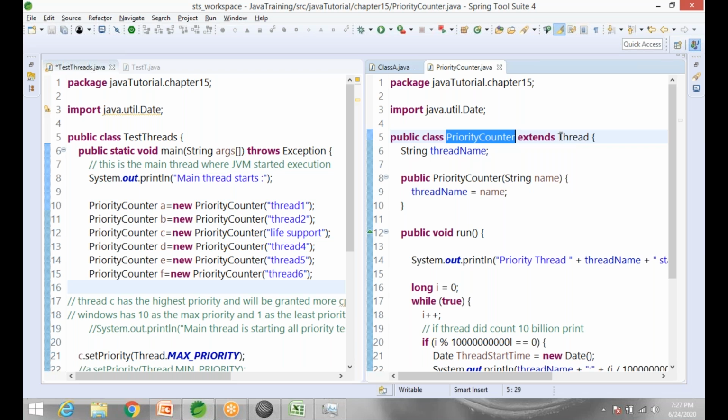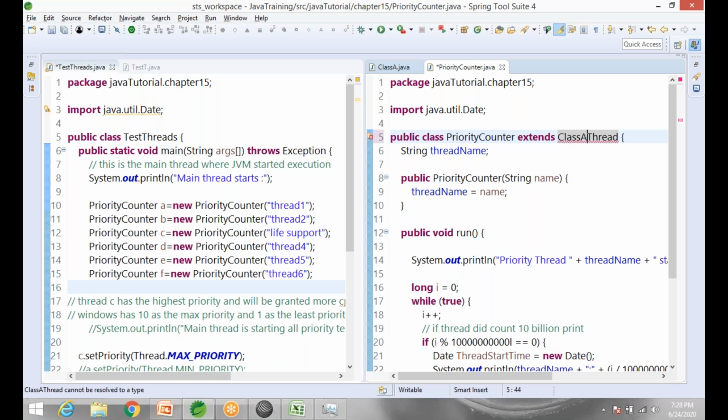If this class was already extending something, like class A, it is already extending from class A, and it also wants to be a parallel programming or thread programming. So what is the challenge here? To be a thread program, you need to extend the thread class. So this class is already extending another program. What is the challenge?